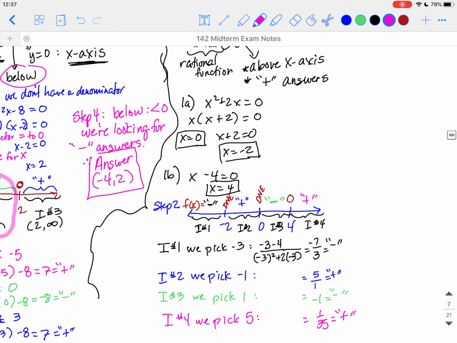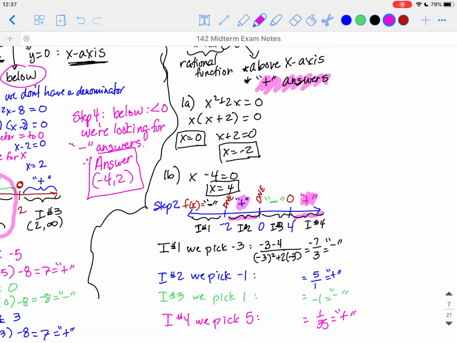So without graphing, just as a reminder, we're interested in positive answers. So this one's positive and this one's positive. So that means that this interval and this interval are our answers.